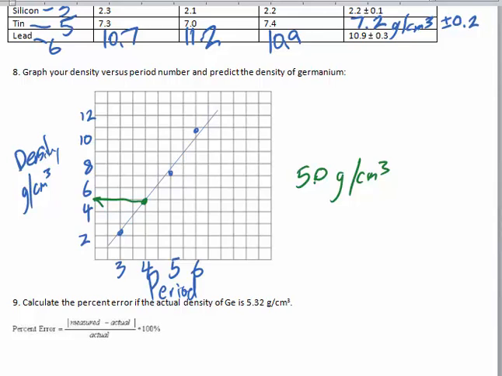Then it says calculate the percent error of the actual density of germanium. If the actual density of germanium is 5.32 grams per centimeter cubed, then it has the equation here. Sorry for it being so blurry.